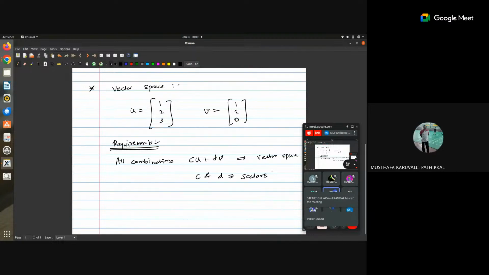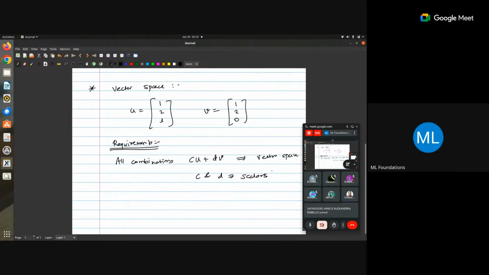Whether we'll call all these linear combinations part of a vector space depends on whether all the axioms associated with them are satisfied, like closure under addition and closure under multiplication. So to call it a vector space, you will change these coefficients c and d. Suppose you have c and d as 1, 1.